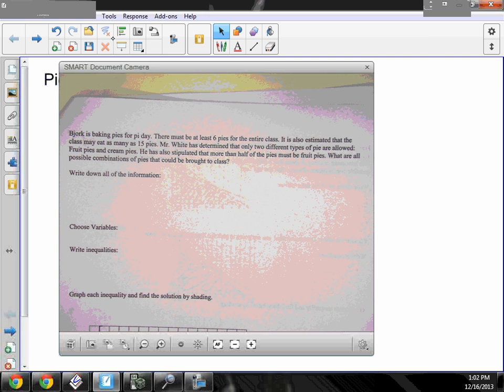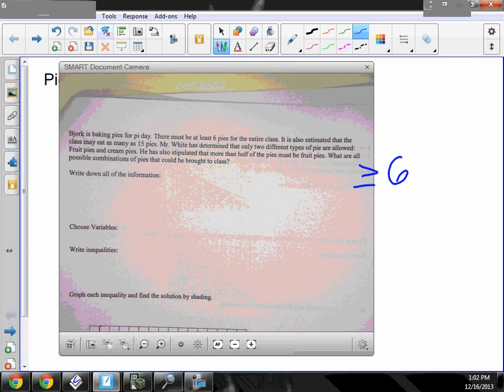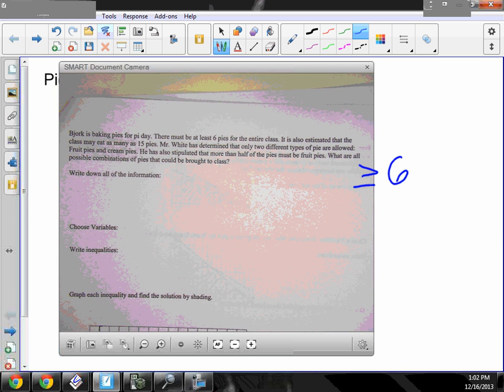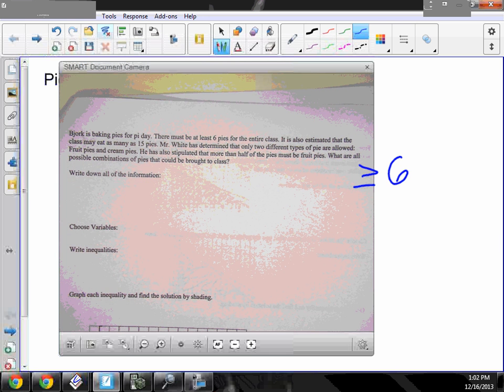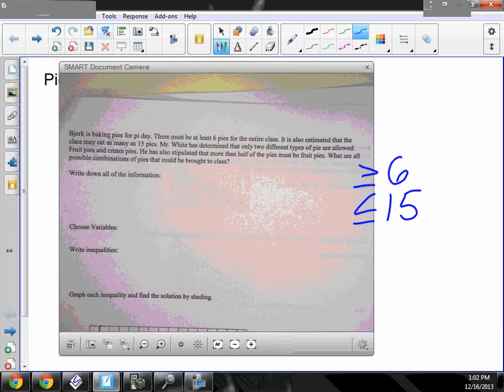So how would we write that? Greater than or equal to 6. It's also estimated the class may eat as many as 15 pies. Less than or equal to 15. Those are two different graphs, but they both deal with the total number of pies.